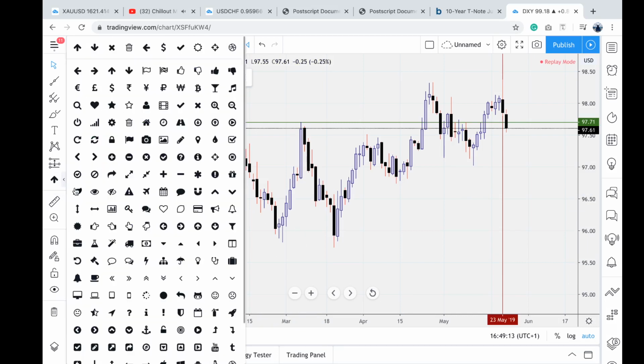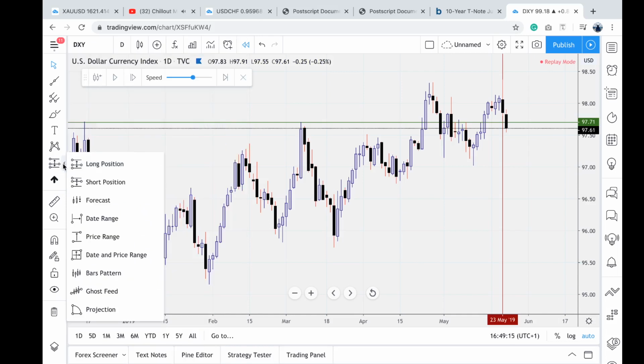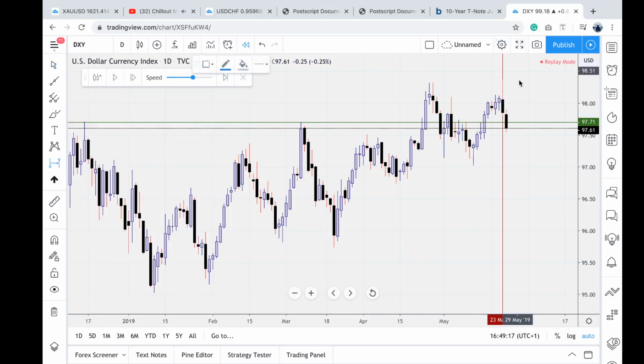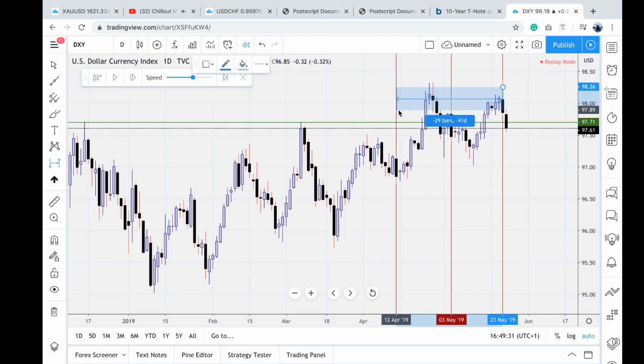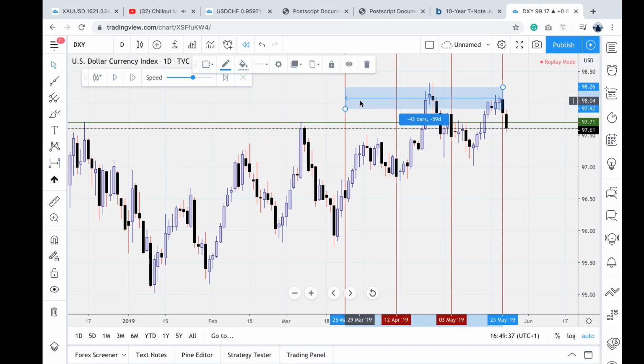So this is where we bring up our date ranges, and we look for the last 20 days. Okay, so this is the last 20 days worth of price action, the last 40 days of price action, the last 60 days worth of price action.